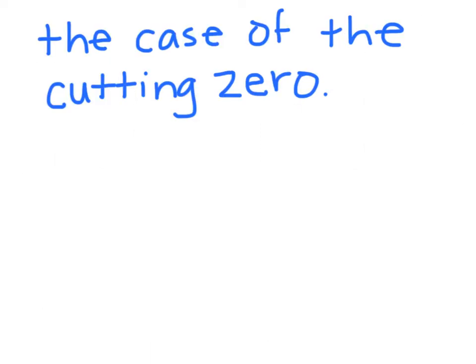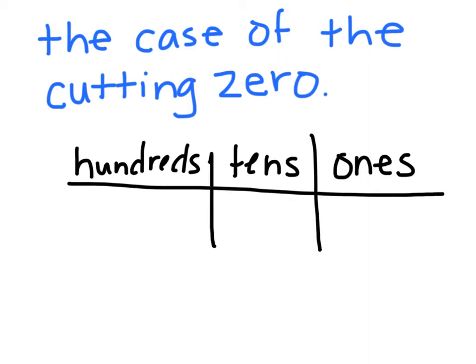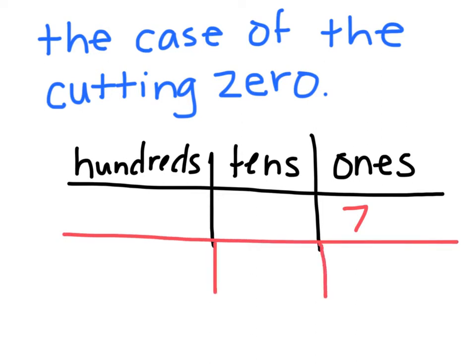I think of this as the case of the line cutting 0. Our friend 7 is quite happily sitting in the ones place at the front of the line until he's multiplied by 10. Then that bossy 0 comes in and shoves him over into the tens place so the 0 can be at the front of the line. Rude, I know.